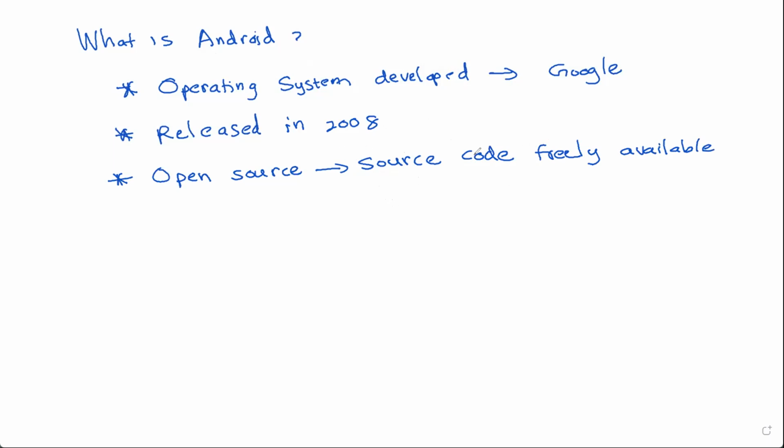That is the most important thing about open source systems. Android's source code is freely available, and anybody can access it and use it for their own users.